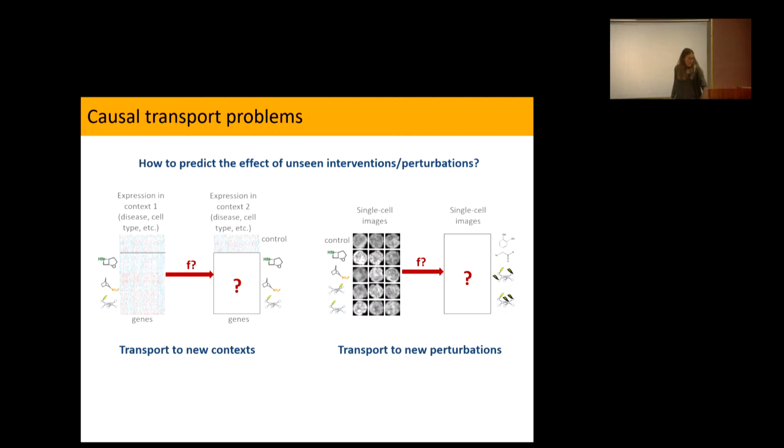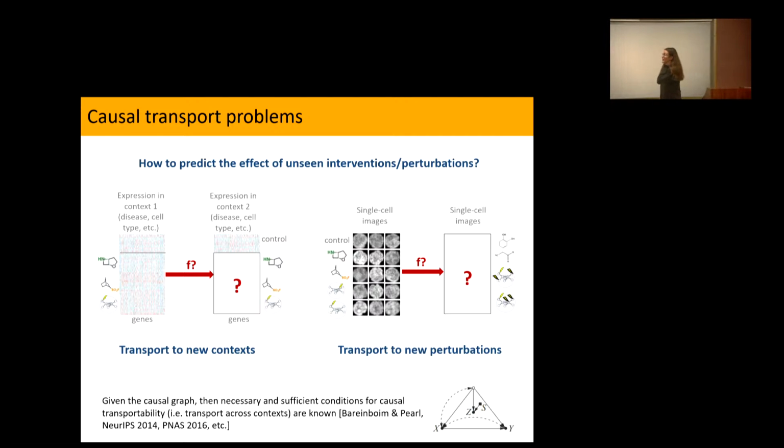Now, there is actually very nice theoretical work by Bareinboim and Pearl, which says the following: if you give me the full underlying causal graph, and you tell me that this perturbation corresponds to this node, and this other perturbation that you care about corresponds to a perturbation on this other node, so you tell me the full underlying causal structure and where the perturbation is, then they have really strong if and only if conditions on whether there exists a formula, and they also have the formula, that, if I know what happens when you intervene here, can tell you what will happen when you intervene on this node.